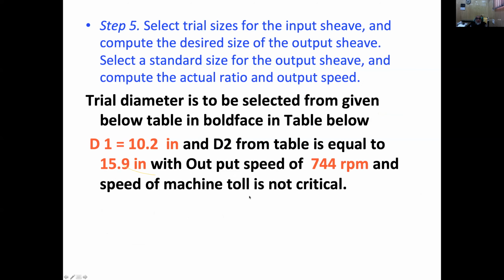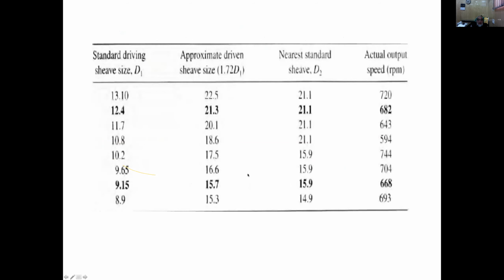Now in step 5, you have to select the trial diameter of the driven sheave. You got d1, but you don't know d2. For that purpose, see this table.